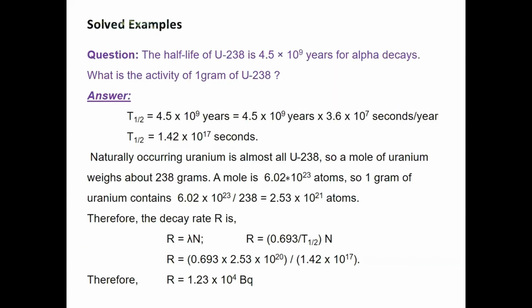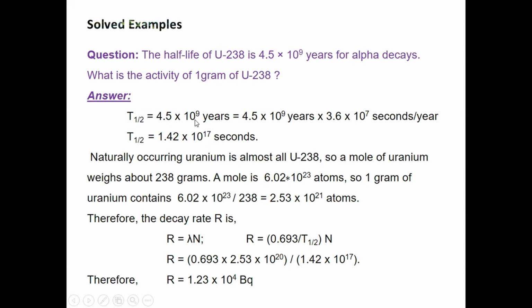Let us solve one problem. The half-life of uranium-235 is 4.5 into 10 to the power 9 years for alpha decays. Now, the question is, what is the activity of 1 gram of uranium? To find the activity, the reaction rate, we would like to first of all convert our half-life value into seconds.